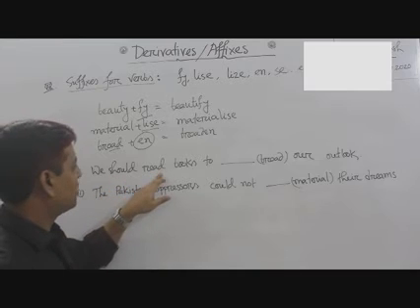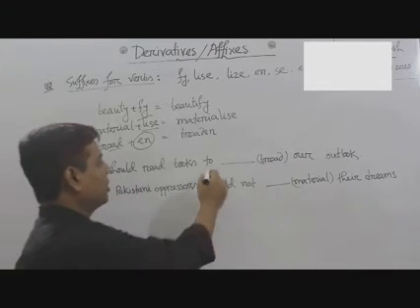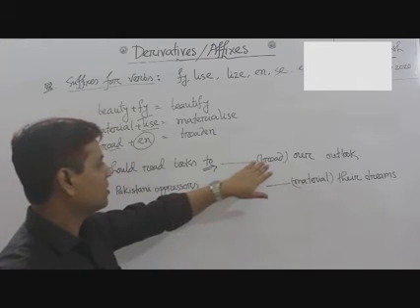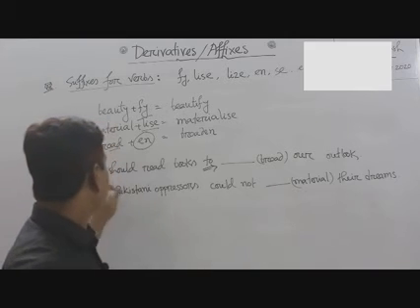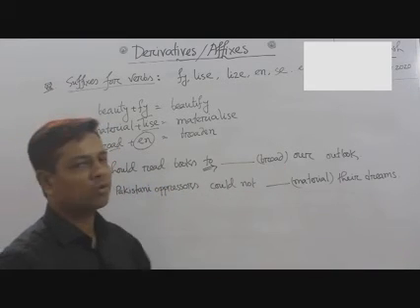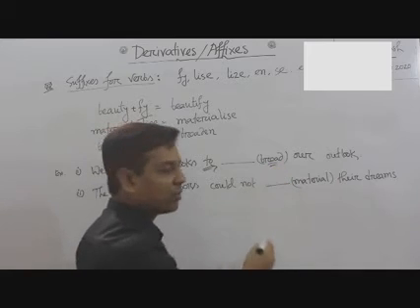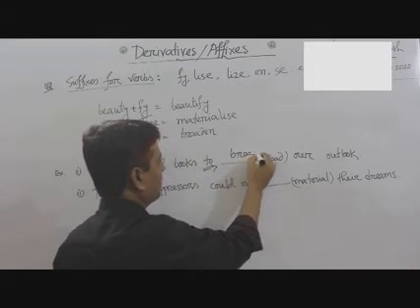We should read books to broaden our outlook. We know to plus v1, that means infinitive. Here we should use verb present form after the preposition to. We should read books to broad is the adjective form. Here we have to turn this word to verb. Broad, the verb form of broad is broaden.